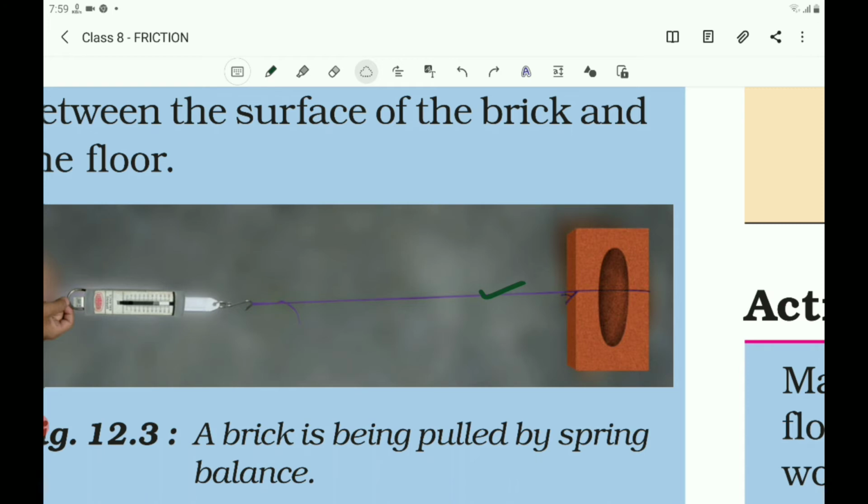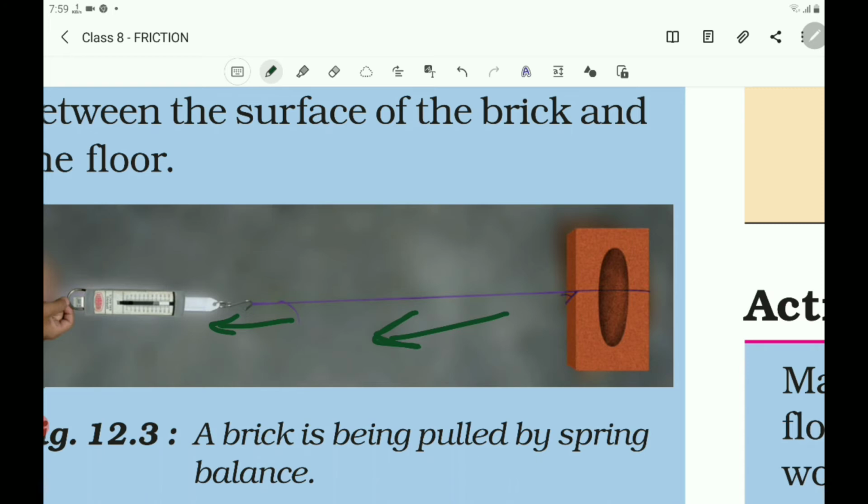Here, by using the spring, you move it. The brick can be made to move by pulling it using the spring.